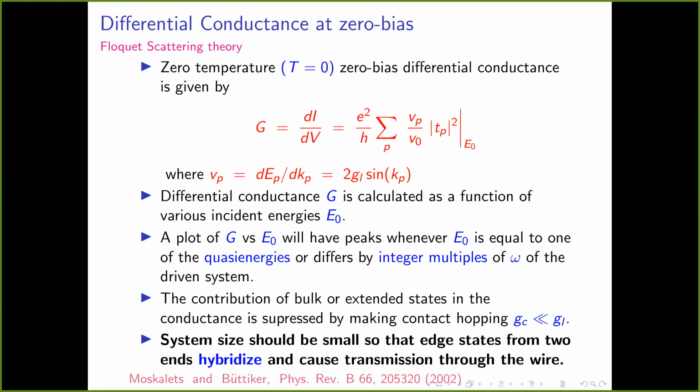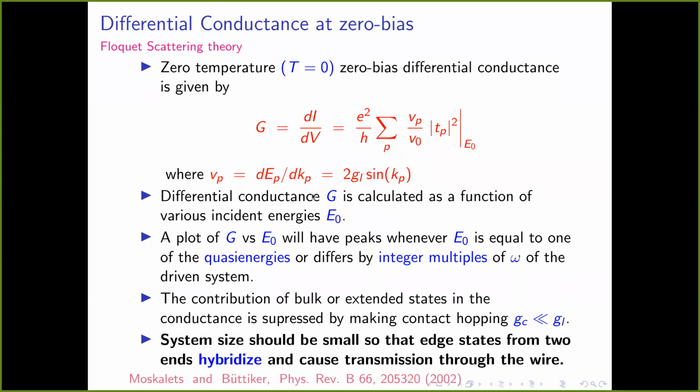Now this differential conductance is calculated as a function of various incident energies E naught, and a plot of G versus E naught will have peaks whenever the incident energy of the electron is equal to the quasi energy of the edge state, or it differs by an integer multiple of omega from the edge state energy.